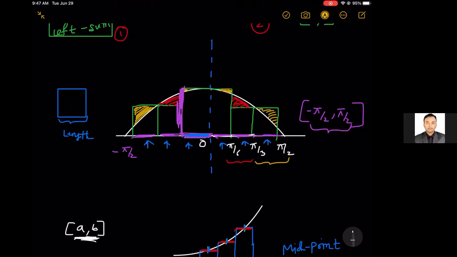How to find that? Or which length are we talking about? Which length should we consider if we're trying to find the area of this rectangle?